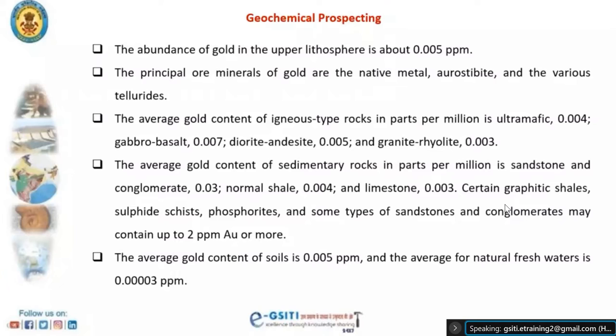You can see here the average gold content in granites is 0.003 parts per million. But as you go to conglomerate, see why conglomerate has very high values: these are placer deposits.